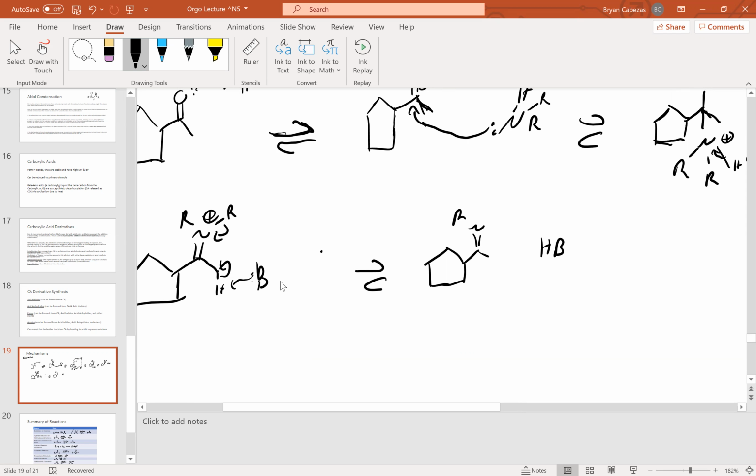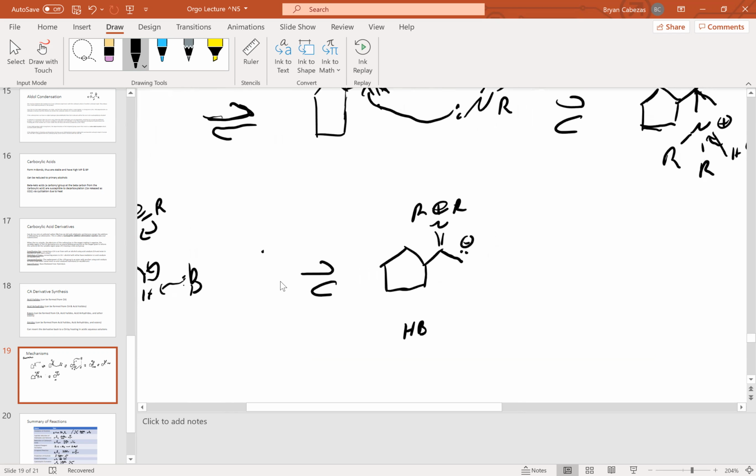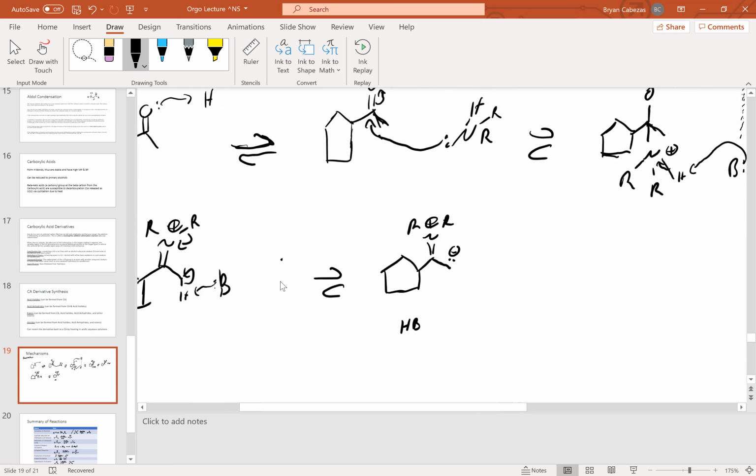And once we have those electrons there, let's draw that out first. So this thing is still positive. Let's just show what that looks like. It's going to have a lone pair there, so it's going to have a negative charge. Let's just remove this for now and put it down here, right? This is the base that removed the alpha hydrogen. What's going to happen now is that this electron group is going to come in and make a double bond here, right, as resonance stabilization.